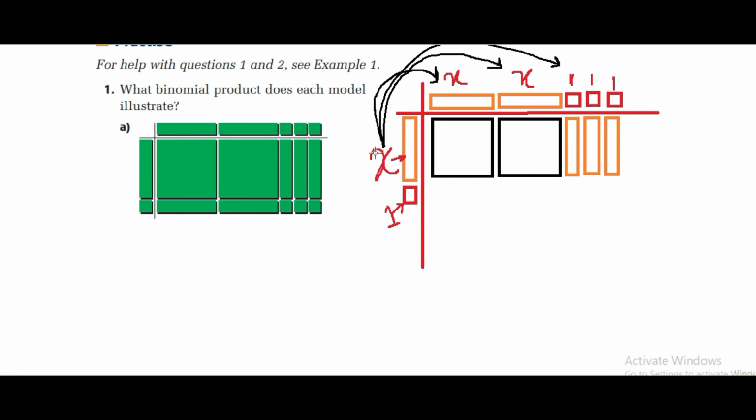Now you multiply this 1 with this x, so you get a rectangle, because 1 times x is x. This rectangle is horizontal, and people get confused between horizontal and vertical rectangles.